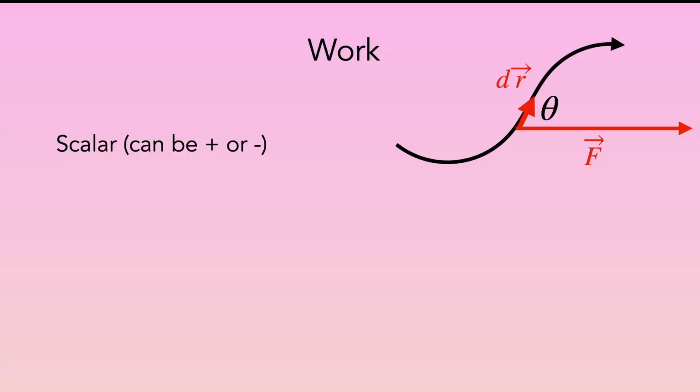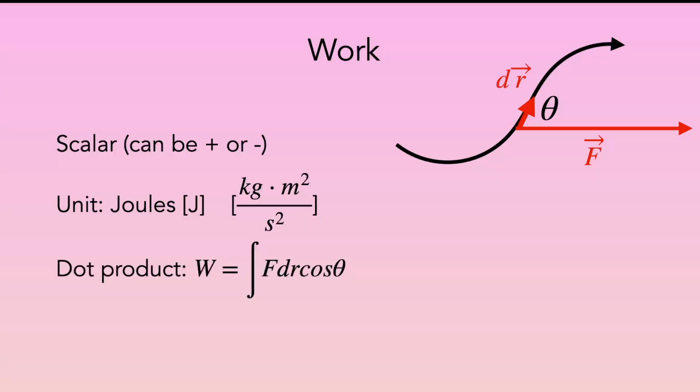We use vectors to figure it out, but it can be plus or minus. The unit is joules. Force is kilogram meters per second squared, and dr displacement is in meters, so you end up with kilogram meters squared per second squared. It's really useful to know that the joule is a compound unit made of kilogram meters squared per second squared.